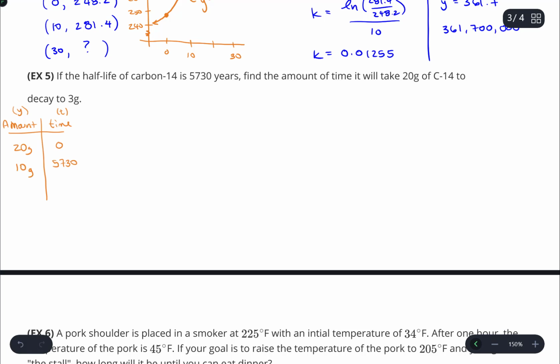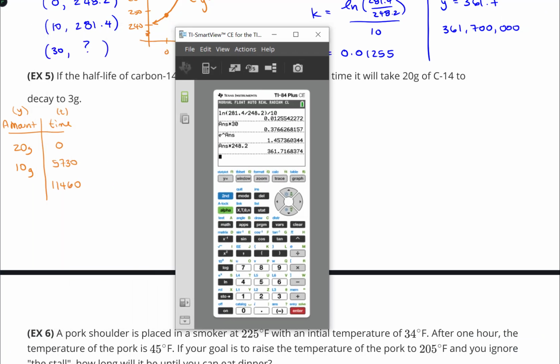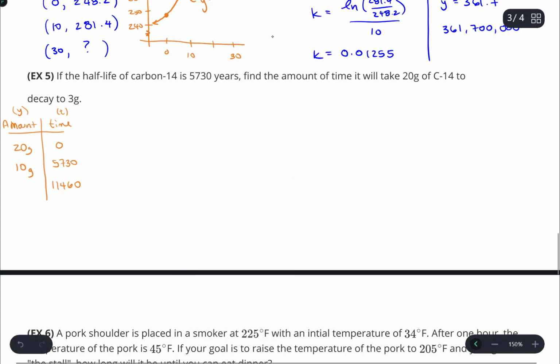So now we're down to 10 grams. Another 5,730 years, which is 11,460. I should probably check that. So 5,730 times 2. Hey, not bad. All right. Once that number of years passes, we're down to 5 grams.